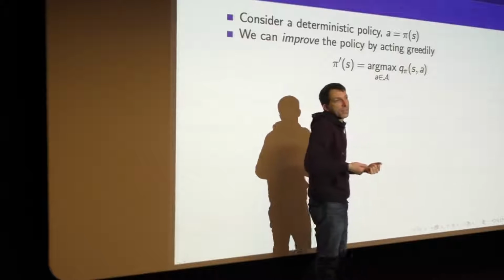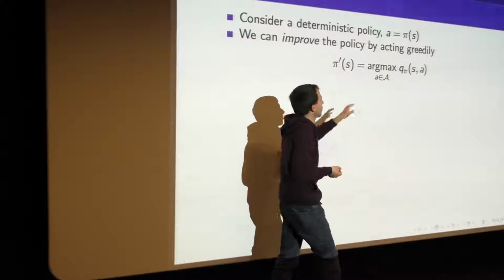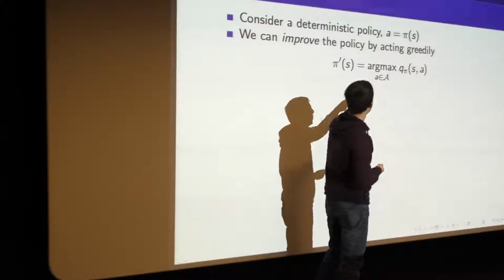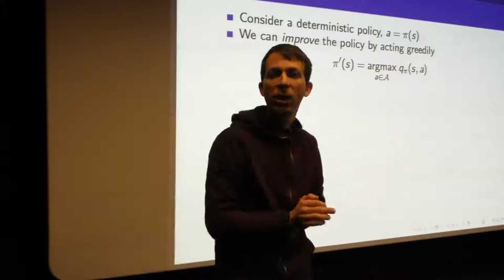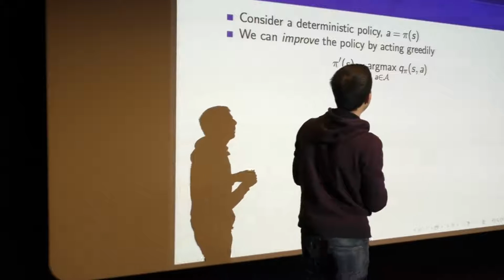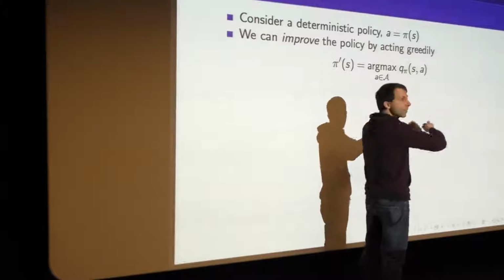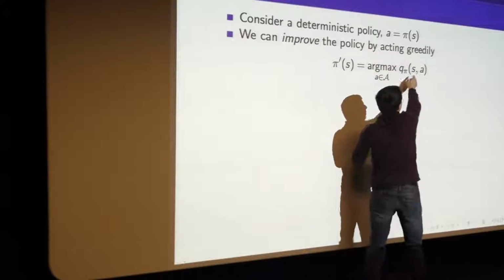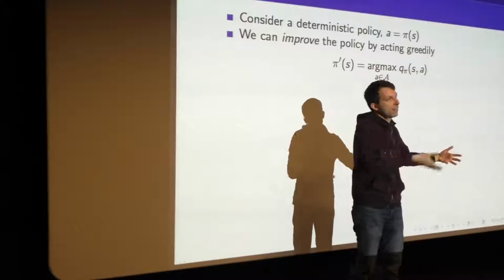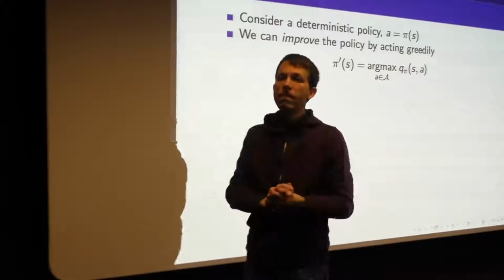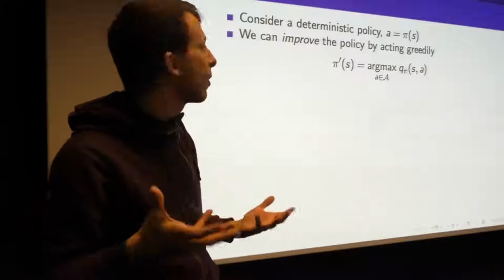So we want to pick the action that gives us the maximum action value, the most Q. That's what this argmax means: it returns the action that maximizes this quantity. And Q, remember, is just the immediate reward when you take action A plus the state value of where you end up. So that's what it means to act greedily.